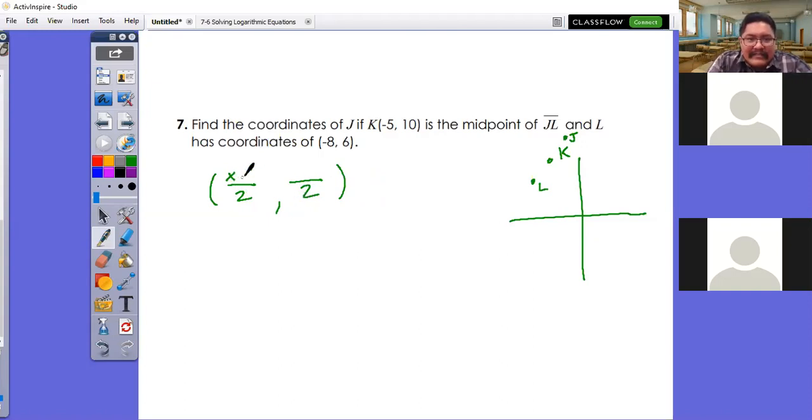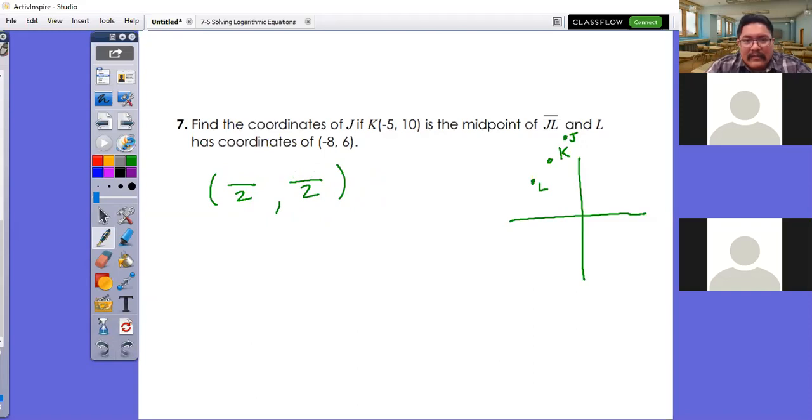Now we have X and X, and we're adding them, Y and Y, we're adding them. Now these ones might be a little bit tricky, because the other one we had to use the minus. On these ones we're using a plus.